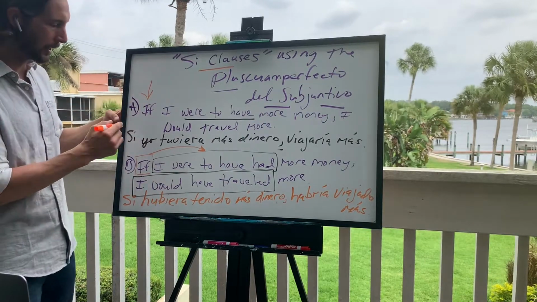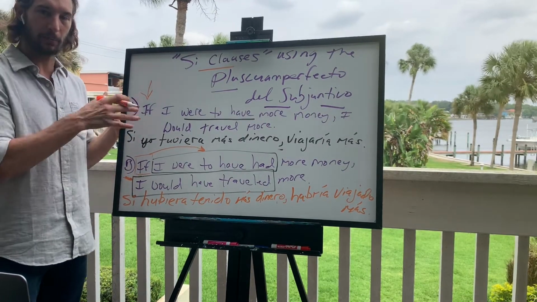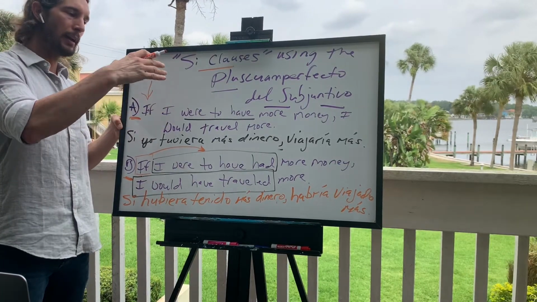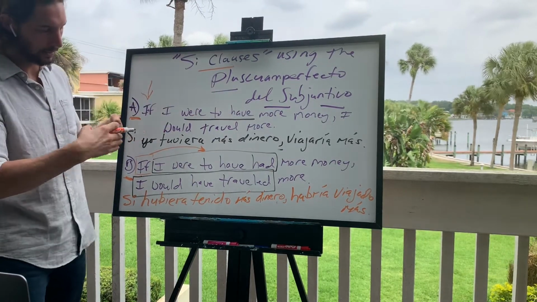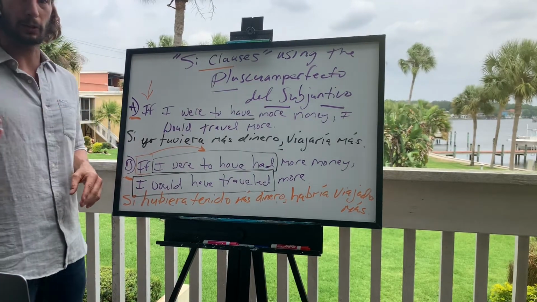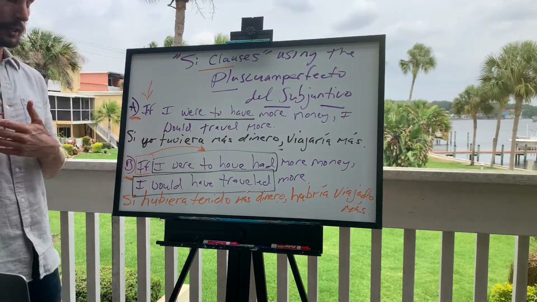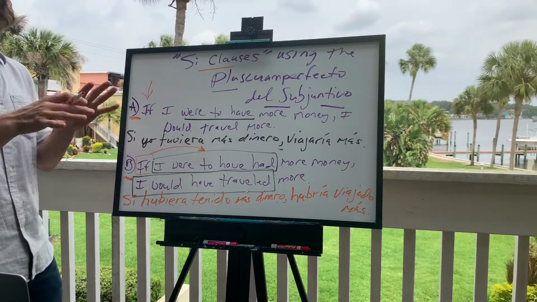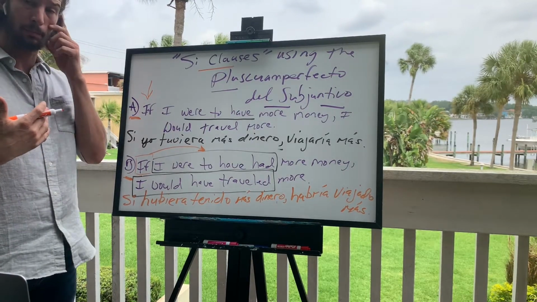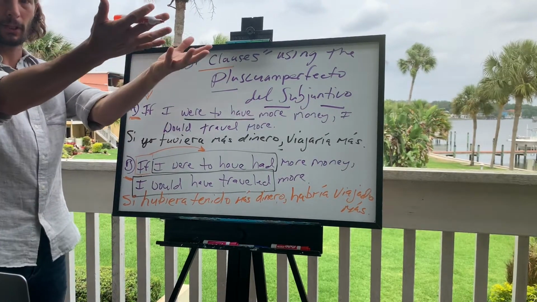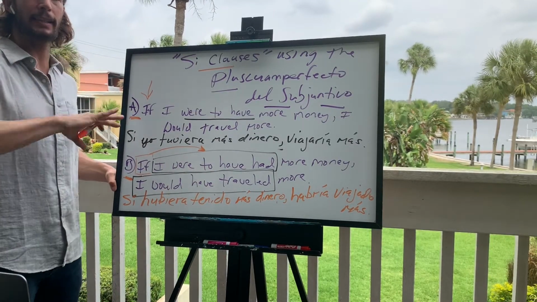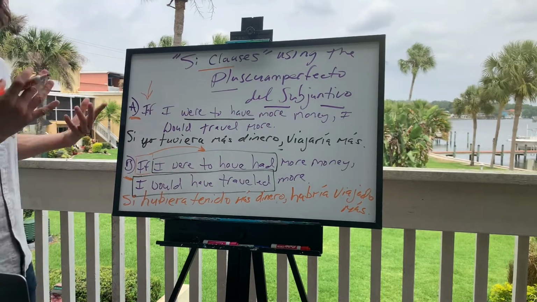What I wanted to do was show you the difference between a normal si clause that uses the past subjunctive and the conditional, and a si clause that uses the past perfect subjunctive and the conditional perfect. One expresses a hypothetical to come, or a hopeful hypothetical. The other is reflecting back on history, if you will.